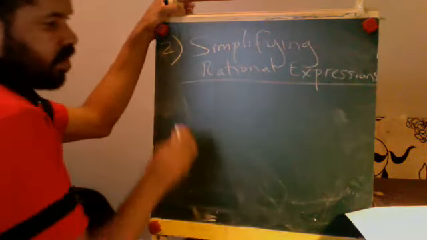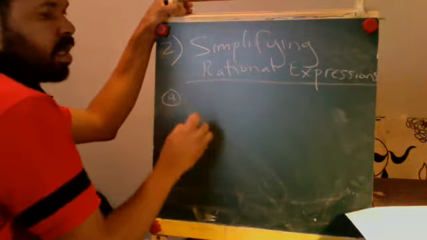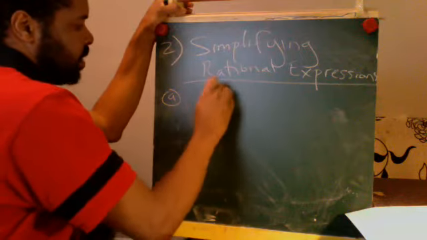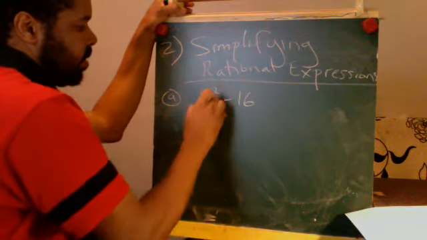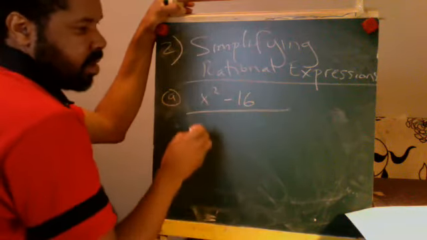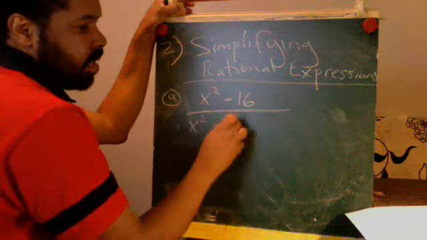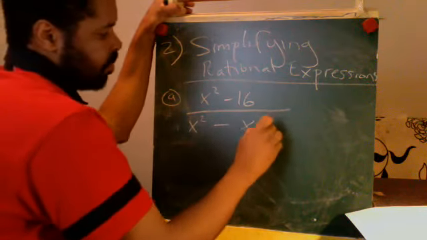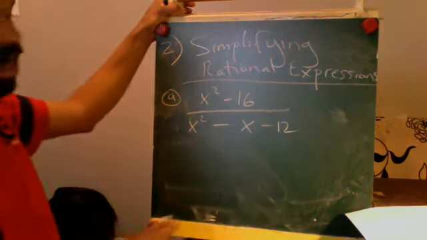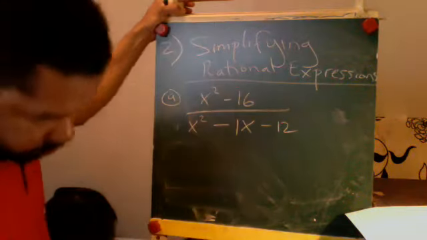All right, and so the first example is here, A. I have some expression x squared minus 16 over x squared minus x minus 12. And right away, I want to put a 1 here, right?